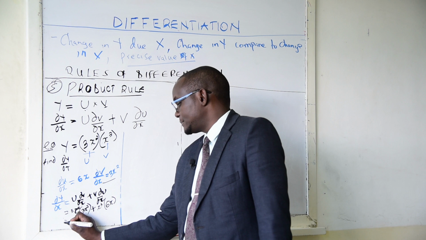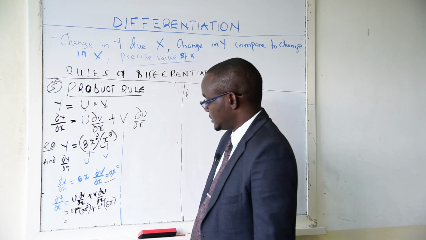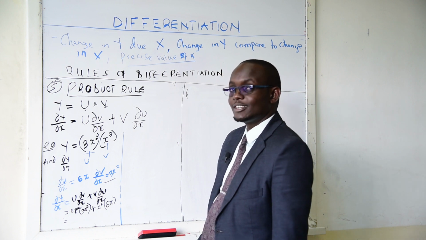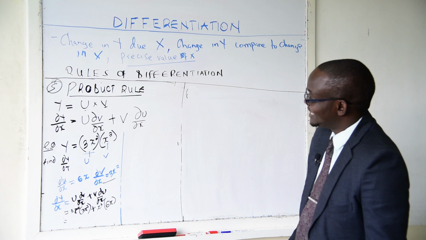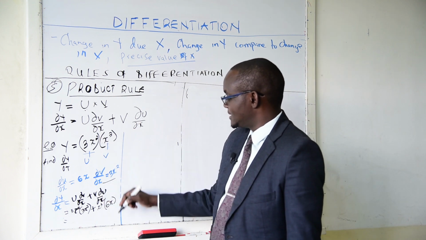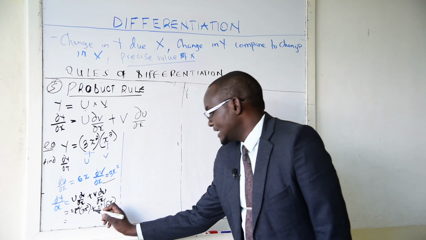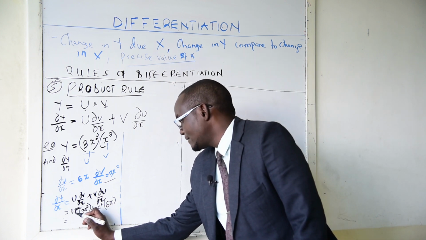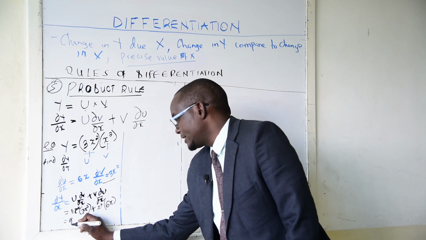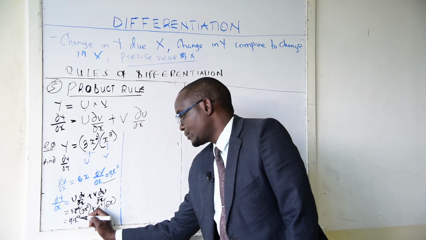What I get here, this is 6x, this is 3x squared. Fine. What you get here is that you have this 3 multiplied by this 3, you get 9. x squared multiplied by x squared, you get x power 4.